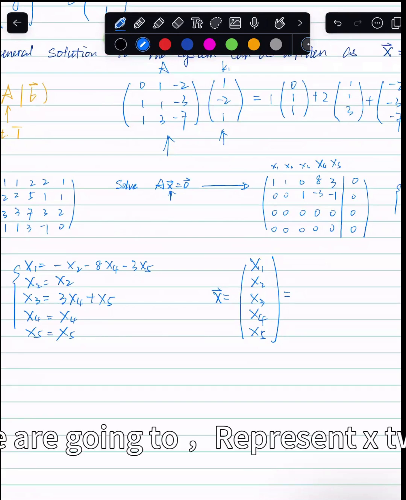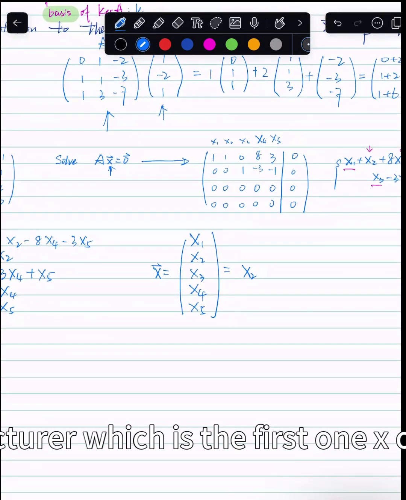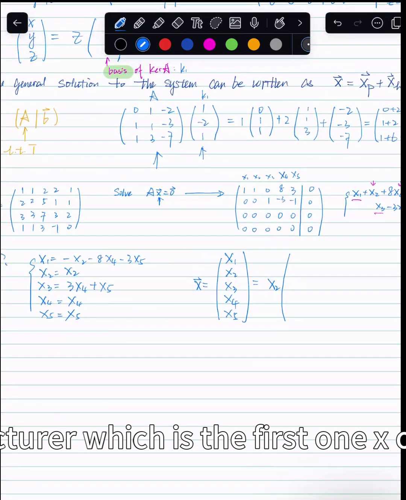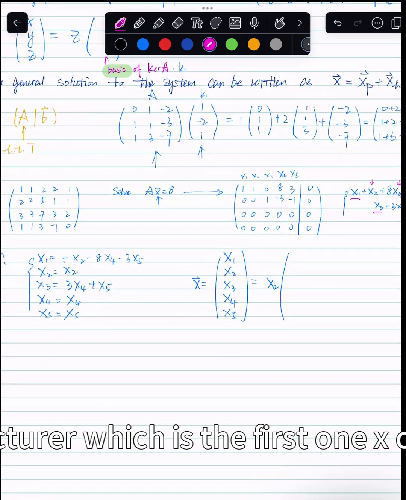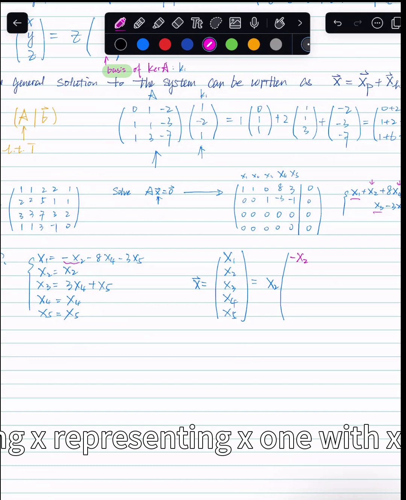So we're going to represent x2 as x2 multiplied by a vector, which is the first one. x1 has a negative x2, so we are basically representing x1 with x2.